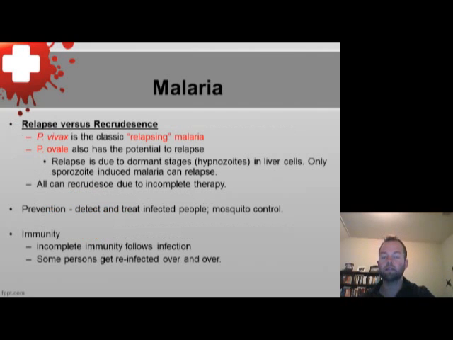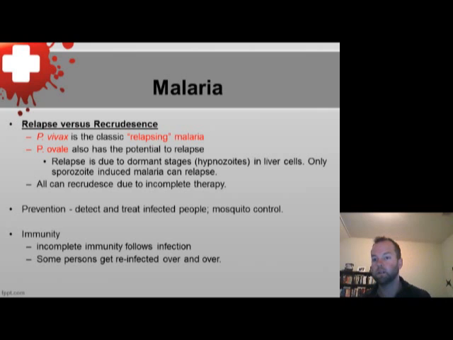There are two ways that malaria infection can stir back up, and that is through relapsing and recrudescence. The difference between relapsing and recrudescence is that relapsing involves dormant stages of the Plasmodium reinfecting the host months or even years after treatment.